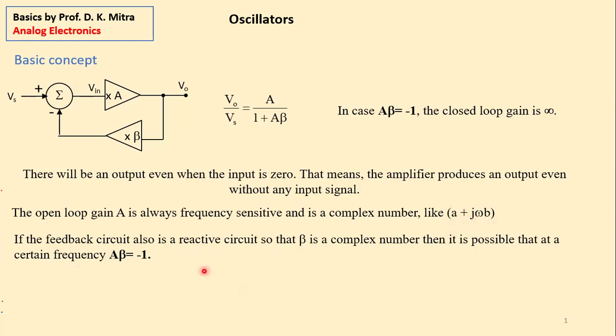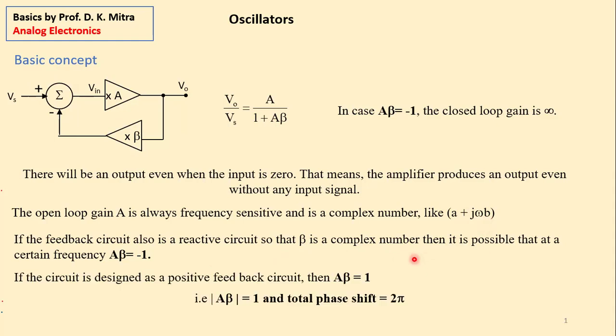If you make beta a reactive circuit, then at a certain value of omega, this imaginary part will cancel and A beta will be equal to -1. Now, A beta equal to -1 is the condition for oscillation.